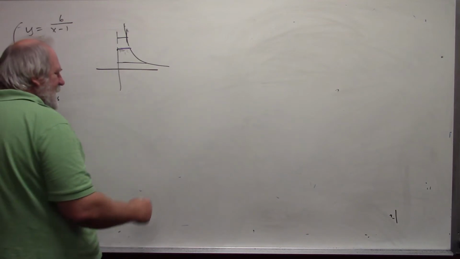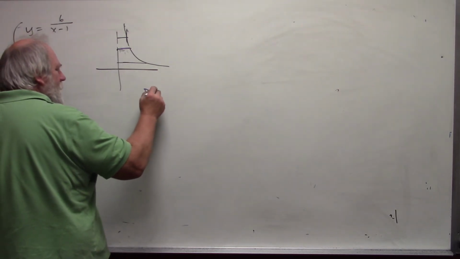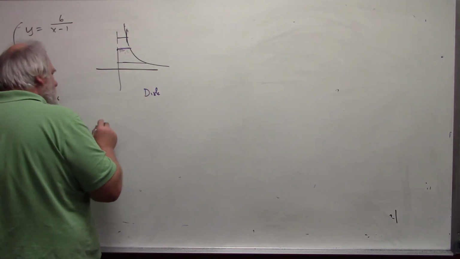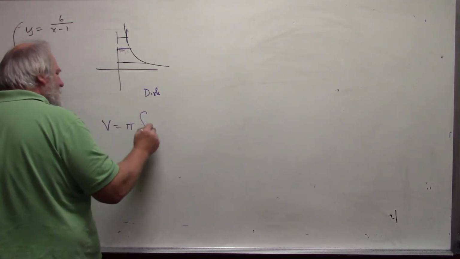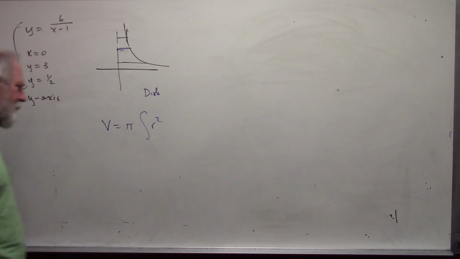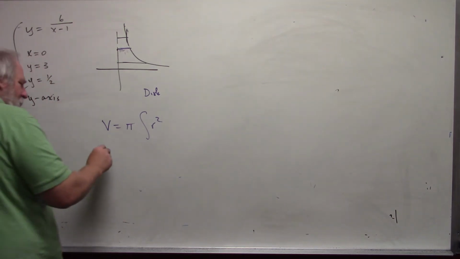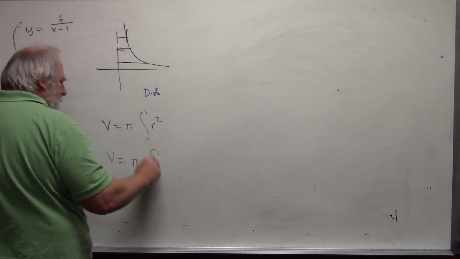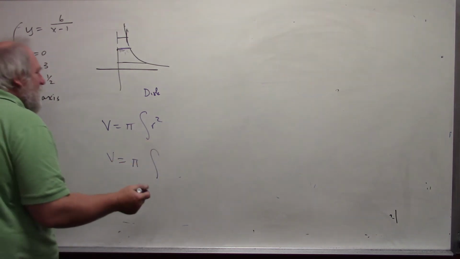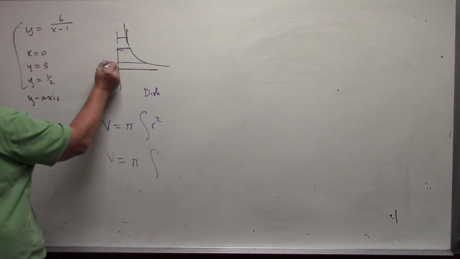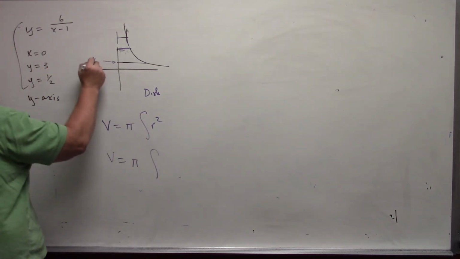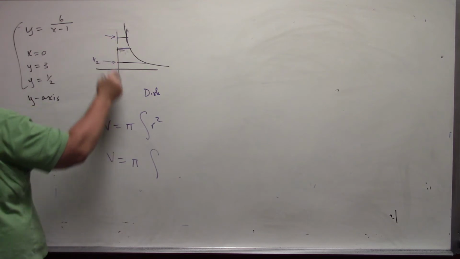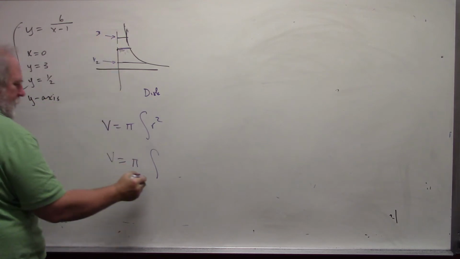And so this is a disk. Basic form, the volume pi integral r squared. So now we'll put in the specifics. My rectangles go from this bottom starting point, which is a half, to this upper ending point, which is 3.